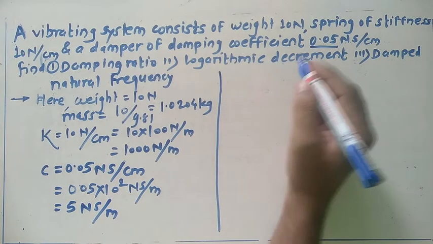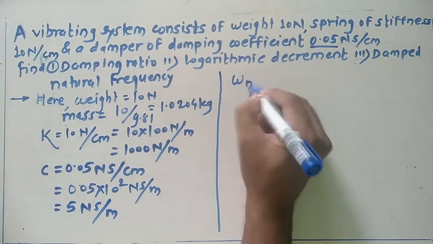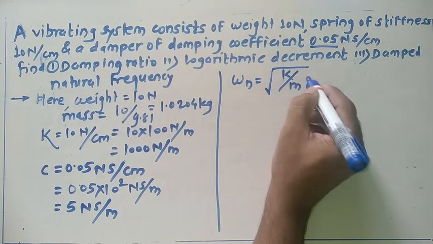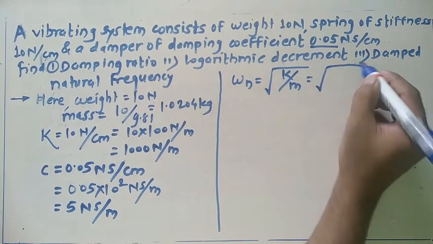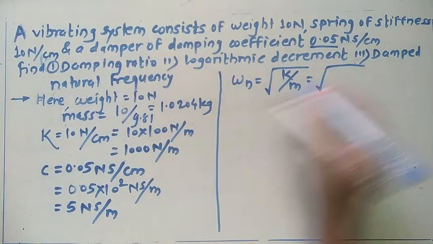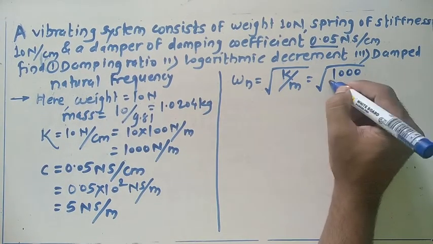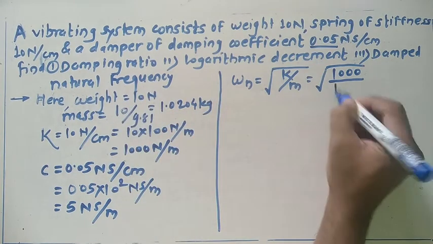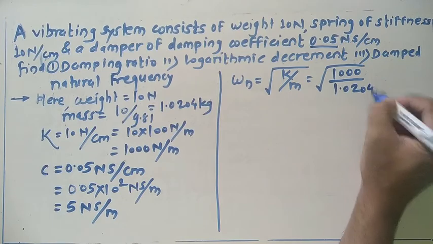What about the value for omega n? Omega n is nothing but square root of k by m. K is already given as 1000. Mass we have here is 1.204 kilogram.